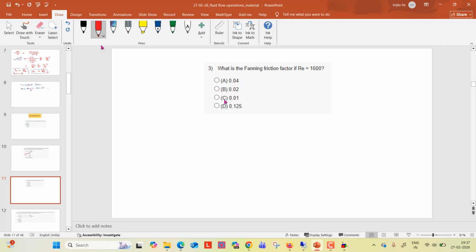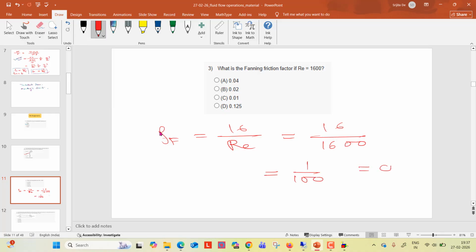What is the Fanning friction factor if Re is 1600? It is 16 by Re, so 16 by 1600. That comes to 1 by 100, that means 0.01.